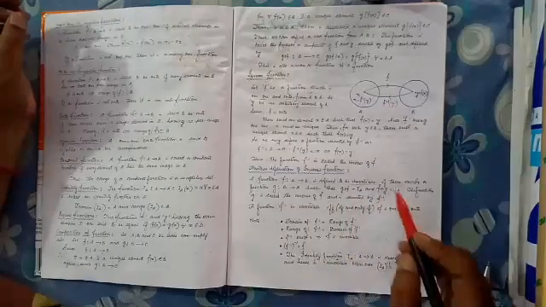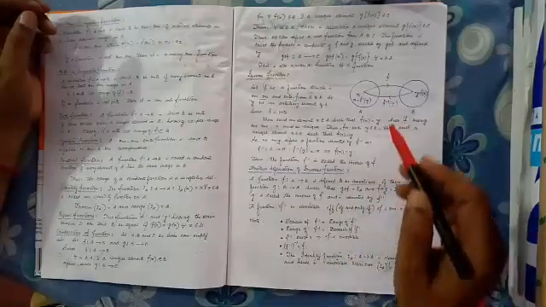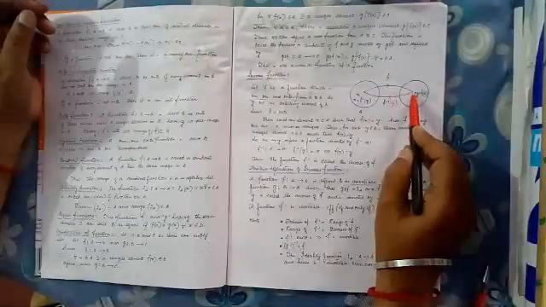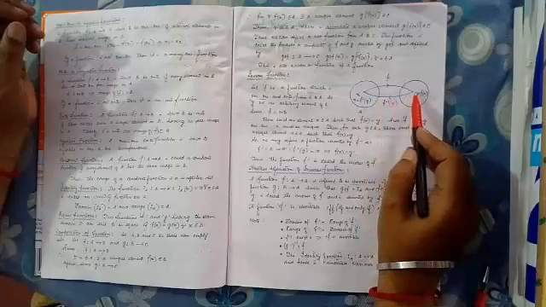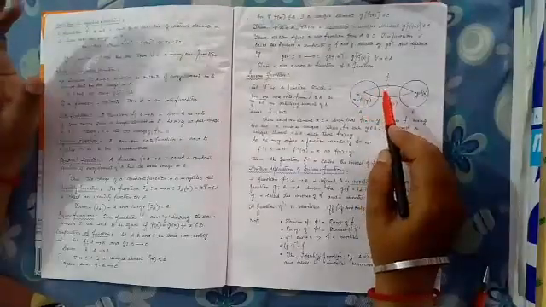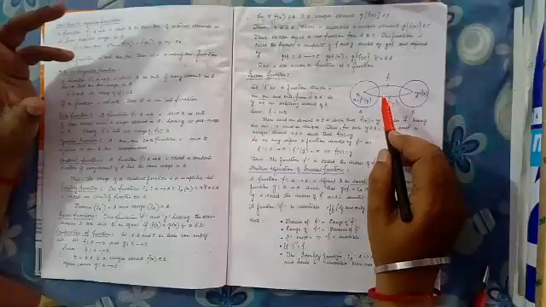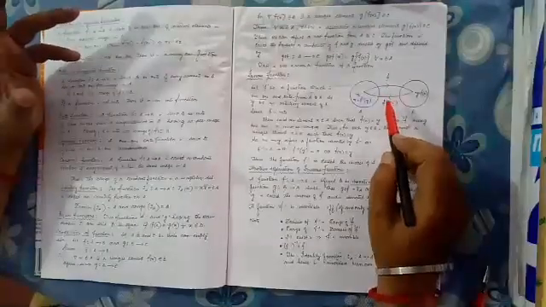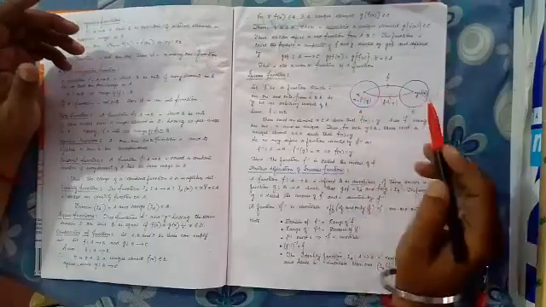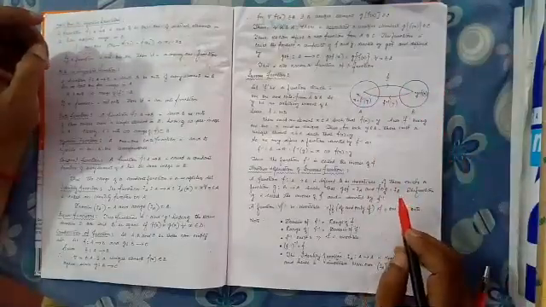What does it mean? G of f is equal to I_A means in the function f, if we are putting the value of x, we will get y. Now in the reverse function g, if you put y, you will get x. So when both the functions work together, if we operate both the functions on x, we will get back x again, that is identity function.